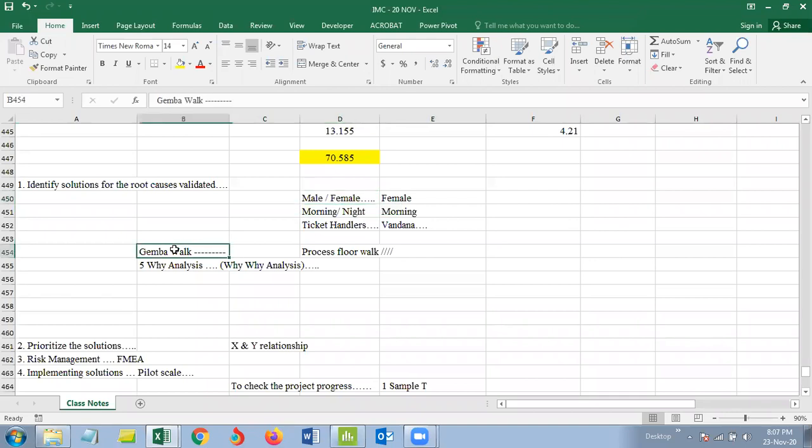So Gemba walk is about just observing. You will not go and interfere with anyone. You will not start educating people that this is right and this is wrong. It's okay to ask people how they do their job, or what their understanding level of doing this job is. You can ask that. Either you just move around, watch people, take down notes, scribble.